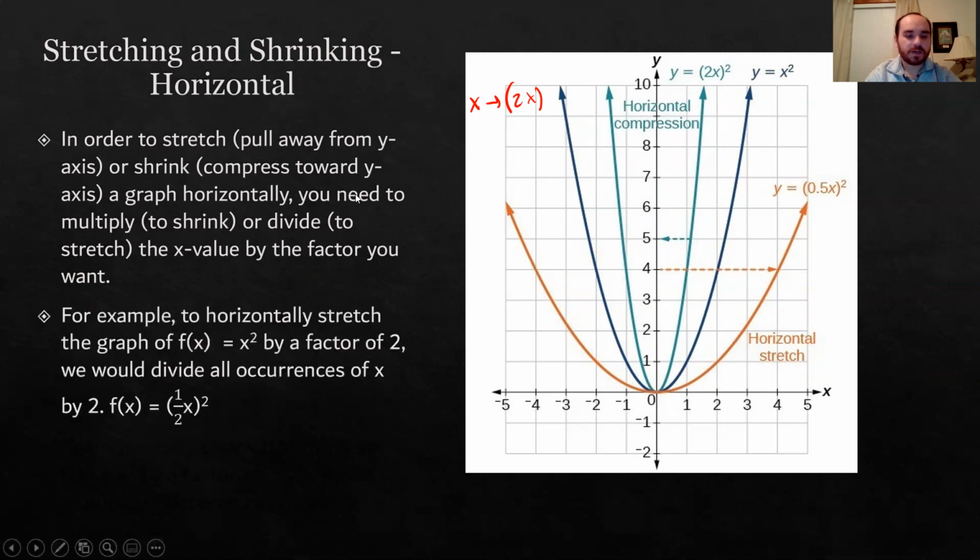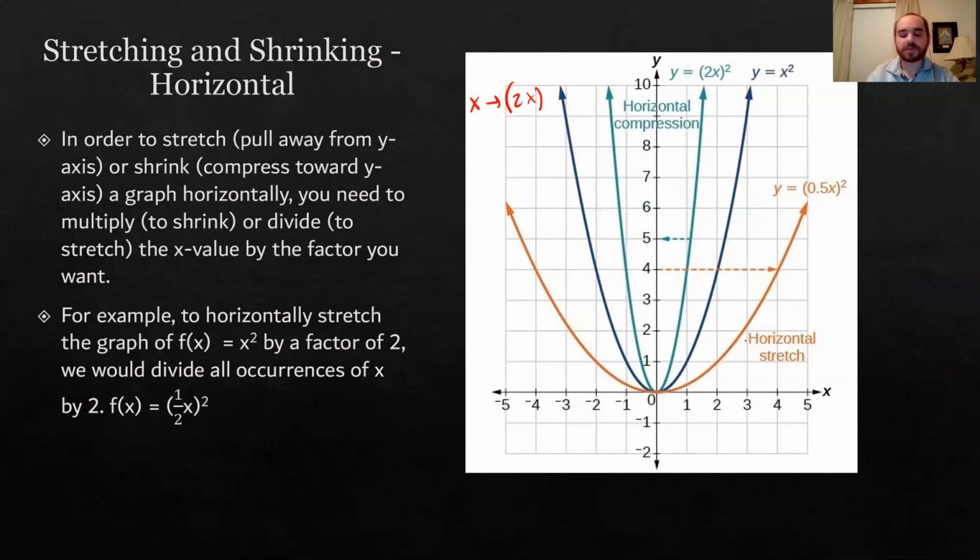As this will say, to horizontally stretch the graph of f of x equals x squared by a factor of 2, we would divide all occurrences of x by 2. So we would have (1/2 x) squared. I might have said that backwards the first time. So yeah, we need to multiply to shrink, and we need to divide to stretch.